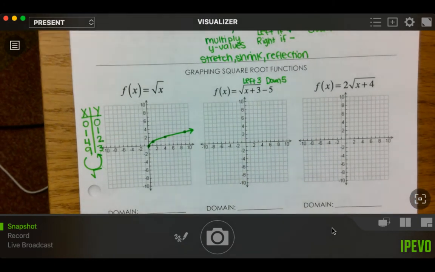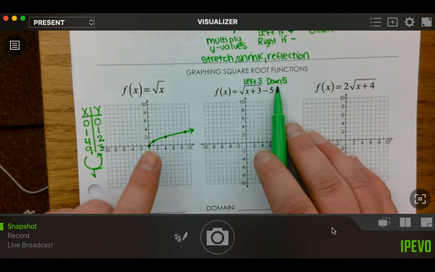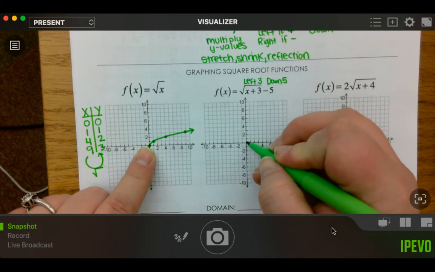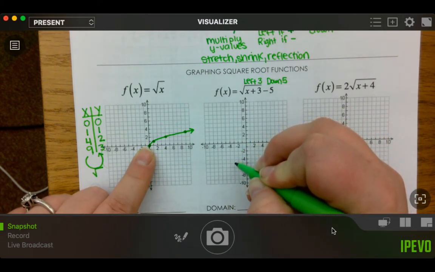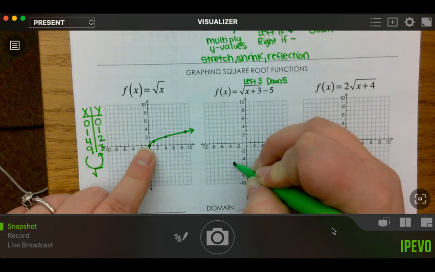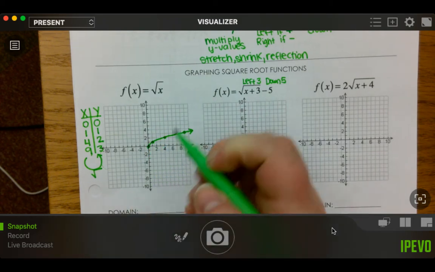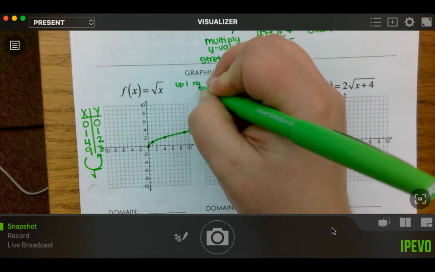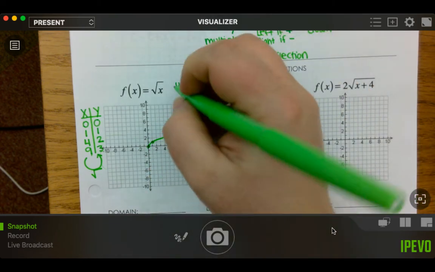Okay, and then all I have to do over here is I'm going to move left 3 down 5, and I'm going to start with this first point. So I'm going to go left 3 down 5. And then from there, I'm just going to follow this pattern. From the middle point, I'm going up 1, right 1. And then I'm going up 2, right 4.